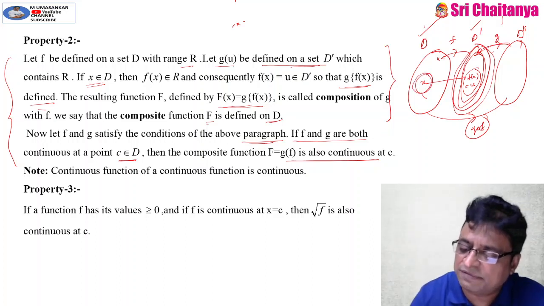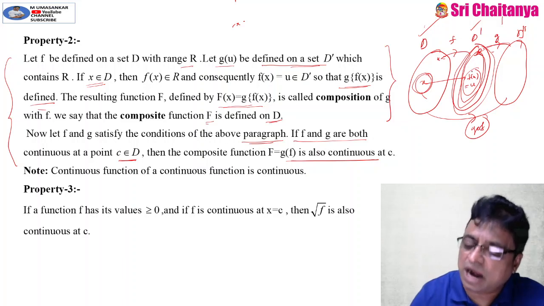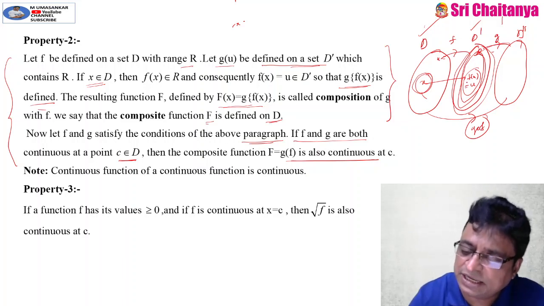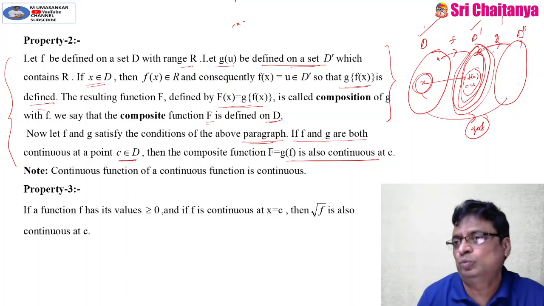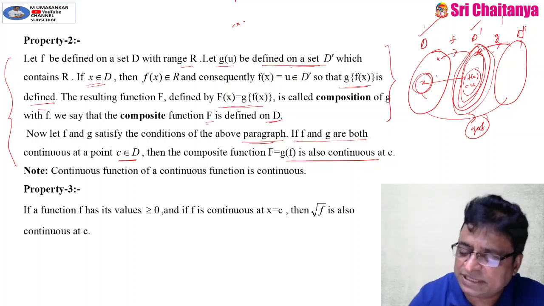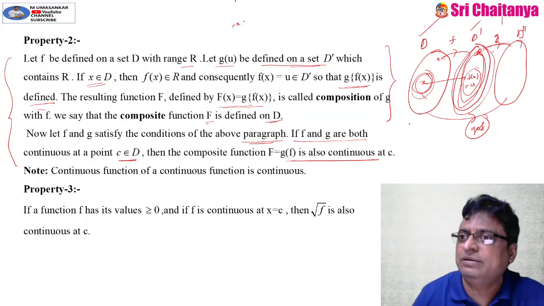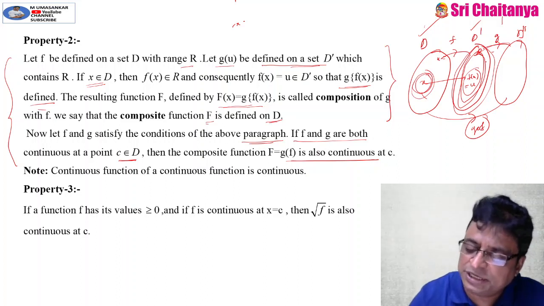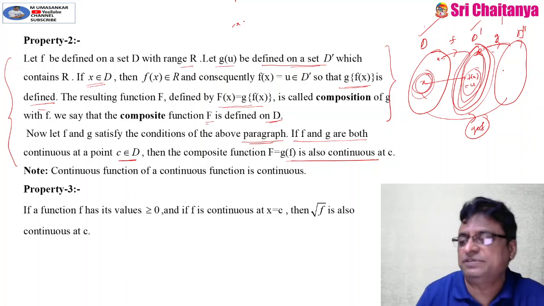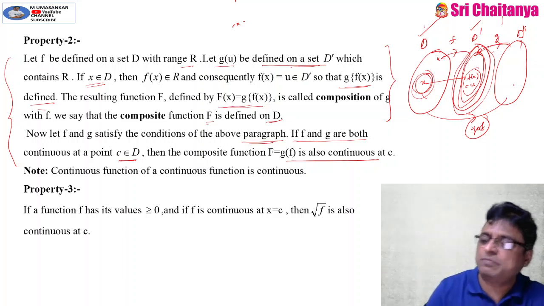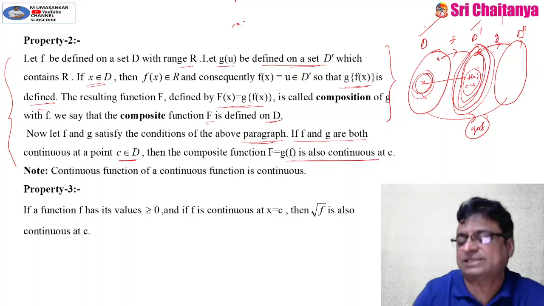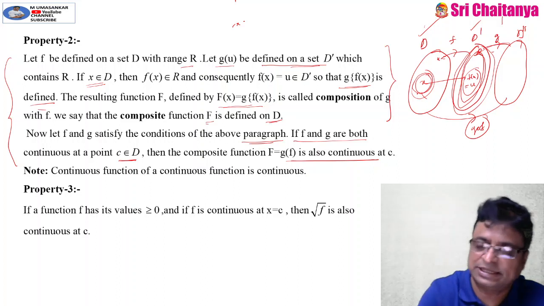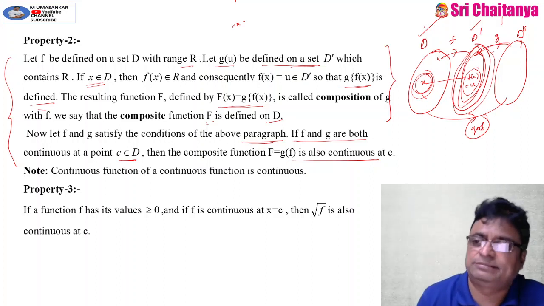And the image f of x is in R, and g is defined at f of x, which is nothing but u. That means if f is continuous at x in the domain, and if g is continuous at f of x, which is in the domain of g, then g circle f, that means the composite of f and g, is continuous again at x. Why is it x? Because x is in the domain of f only.